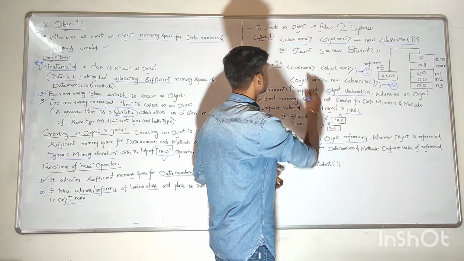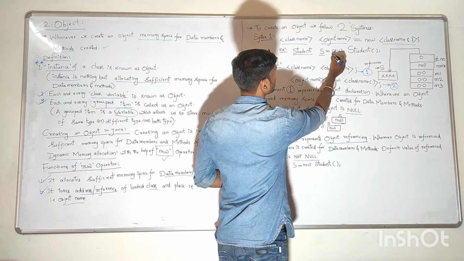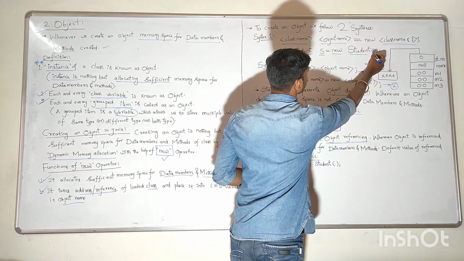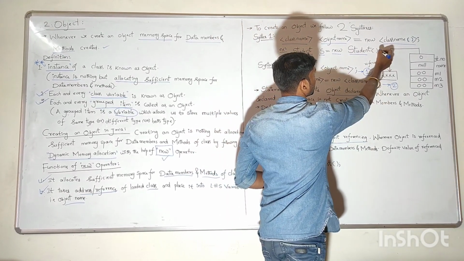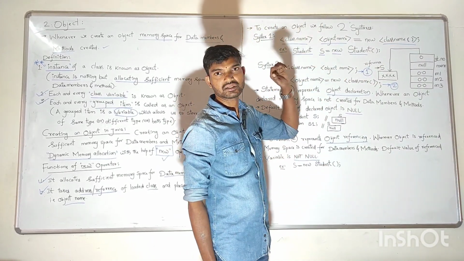For example, class name Student, object name s, equal to new Student open bracket closing bracket, semicolon. Like this you can create an object.